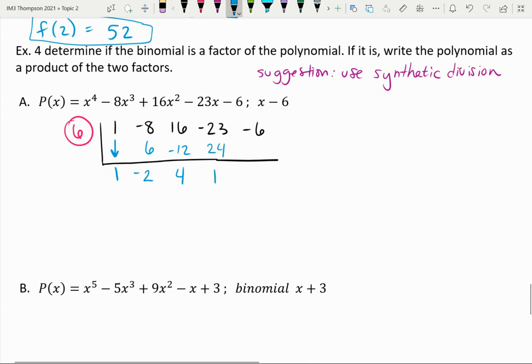Add down, I get 1. 6 times 1 is 6. Add down, I get 0. The 0 tells me, yes, it's a factor.